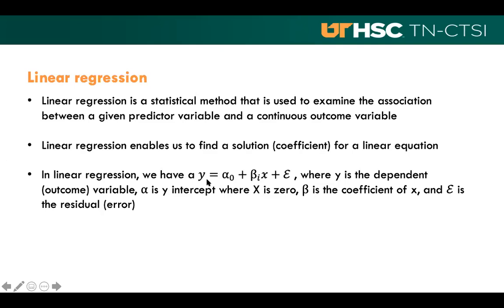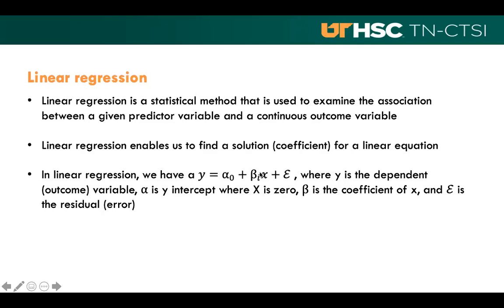So in this equation, y equals alpha naught plus beta x plus e, the y is the dependent or the outcome variable, and alpha is the y intercept. If this is an equation for a given association between a given variable x and an outcome variable y, the alpha naught is the intercept.